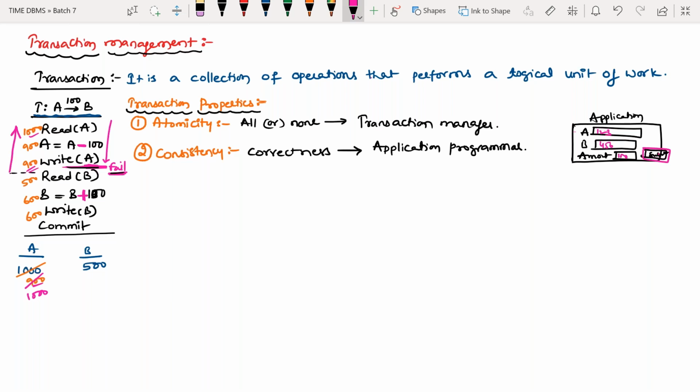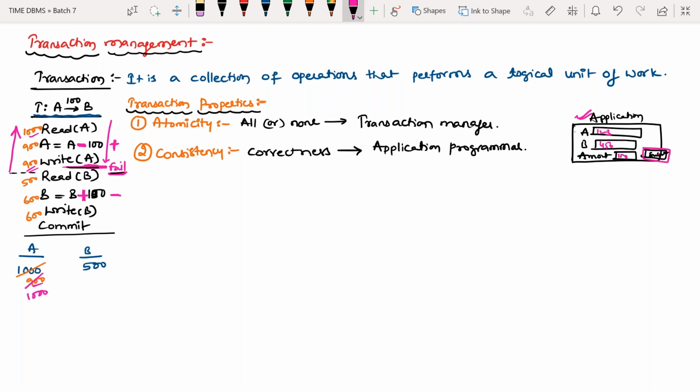Now, the programmer who codes this program should code it properly: first debit from account A, then credit into account B. But suppose the programmer who writes this front end application has coded this transaction the other way around: first credit, add it, and then debit it.